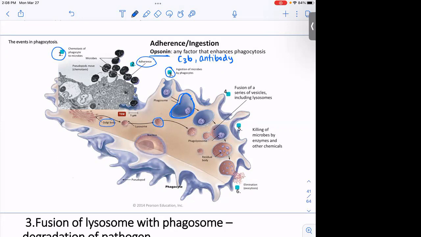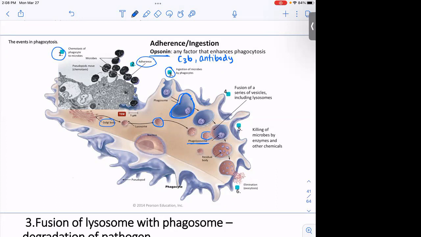Okay, so then those lysosomes are going to fuse with the phagosome and make that step a phagolysosome. Okay, and we don't want to get those lysosomal enzymes out in the cell, because those would cause problems for that cell itself.